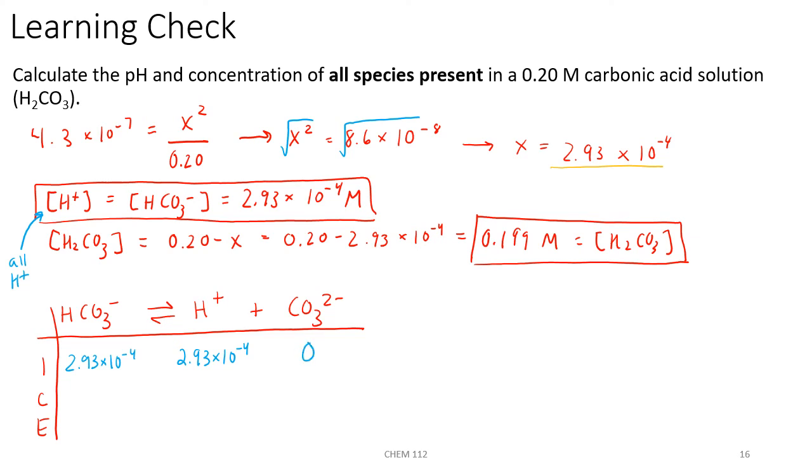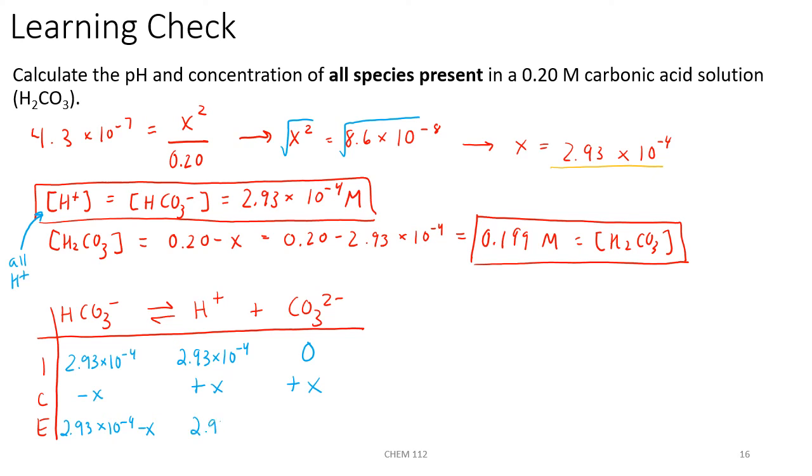That hasn't formed yet. When hydrogen carbonate ionizes and loses its proton, it's going to go down by X. So the change will be minus X. When hydrogen ion forms, it's going to form by plus X. And when carbonate forms, it will form by plus X. So at equilibrium, we're going to have 2.93 times 10 to the minus fourth minus X for hydrogen carbonate.